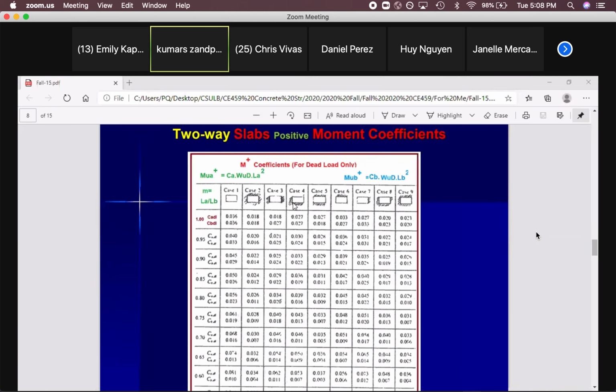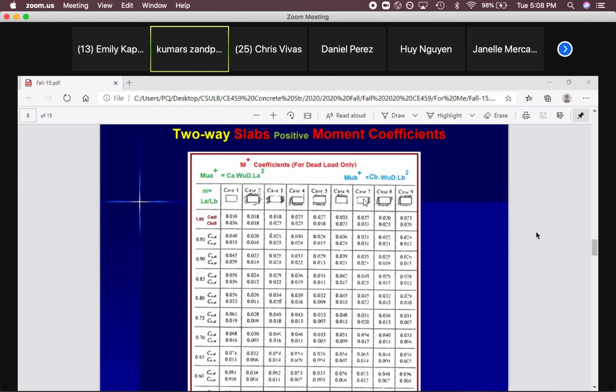If you have one short side fixed and the other two simply supported, then zero negative moment in the A direction, positive moment, negative moment. For the long direction, the B direction moment, zero negative moment, positive moment, negative moment.